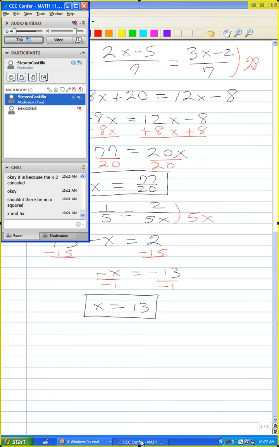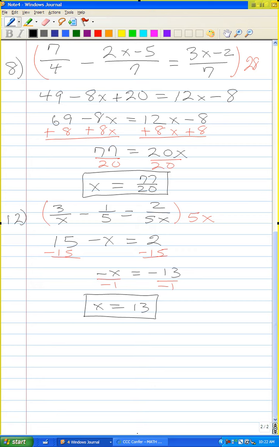Oh, you could multiply by 5x squared, but that's not the least common denominator. That is a common denominator, but not the least common denominator. Remember, when you have a list, x, 5, 5x, maybe I'll write it this way. So I have a list of factors.